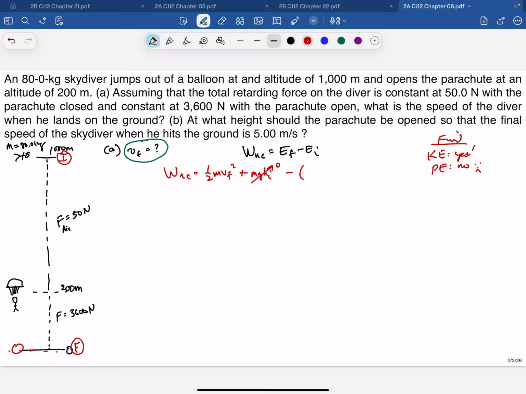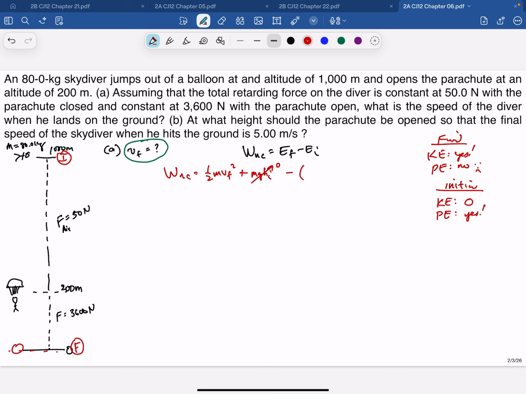Okay, minus, and then we've got to do the whole amount of initial energy, right? So initial, if I'm doing it this way, do I have kinetic energy initial? No, we're going to assume they fall out of the airplane. Technically, the airplane's moving sideways, but don't worry about that. Okay? So this is no, and potential energy initial? Yes.